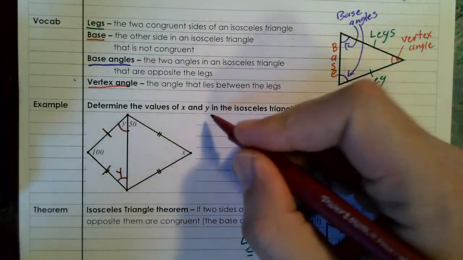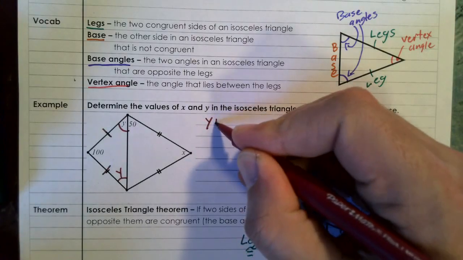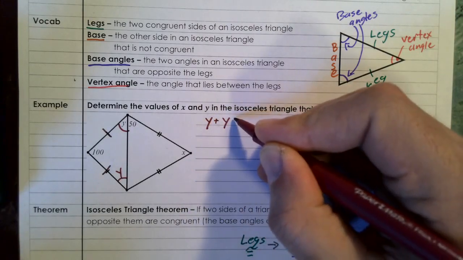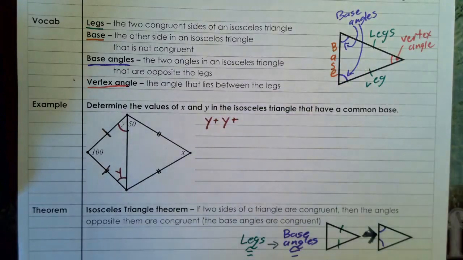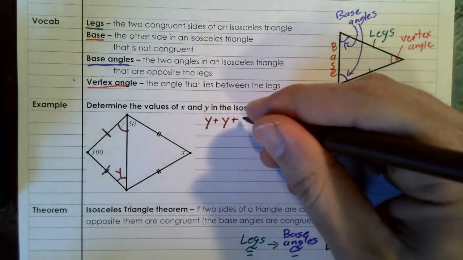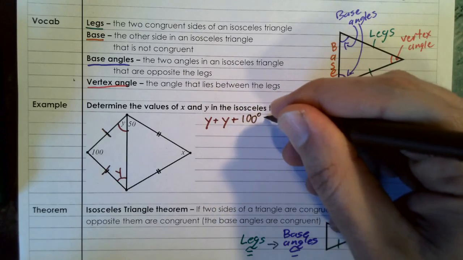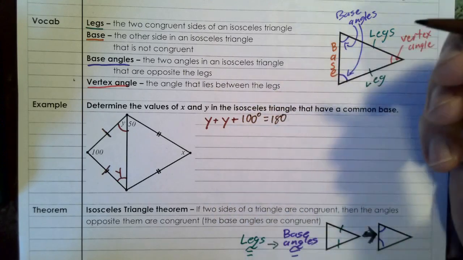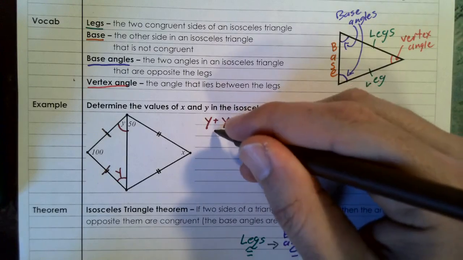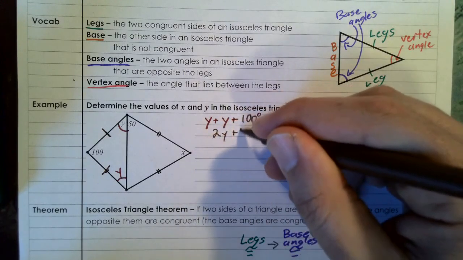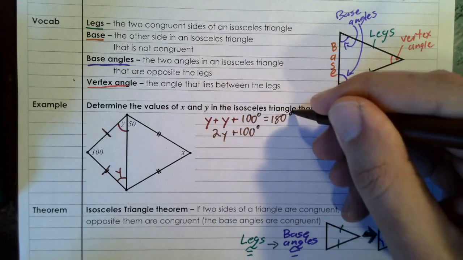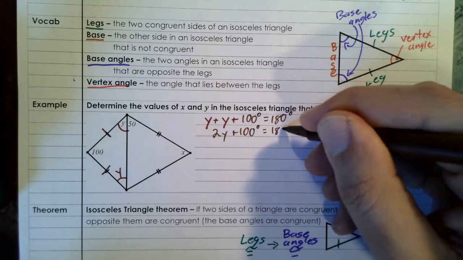With that, we can write a little equation with what we know about all triangles. If you add up all the angles in a triangle, you get 180 degrees. So that means if we solve this, we can say 2y plus 100 degrees equals 180 degrees.